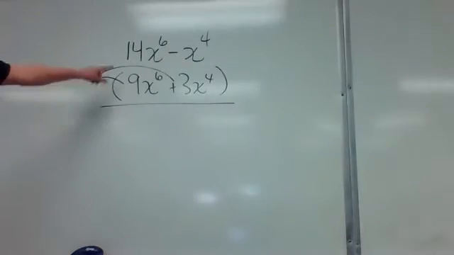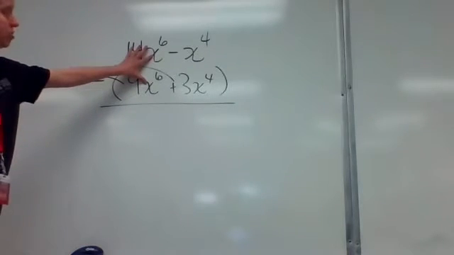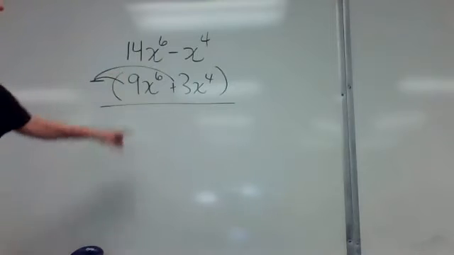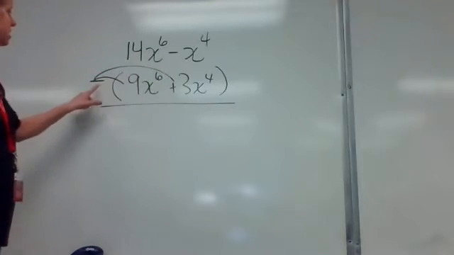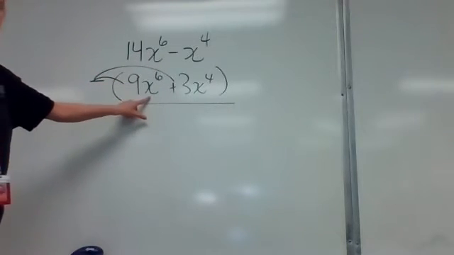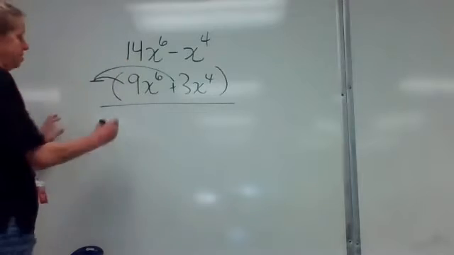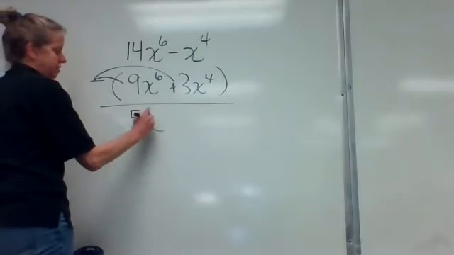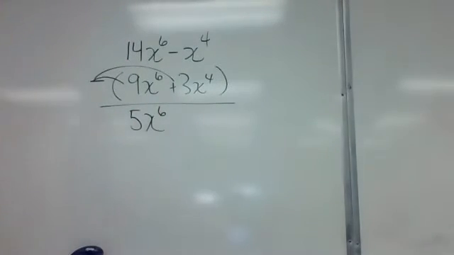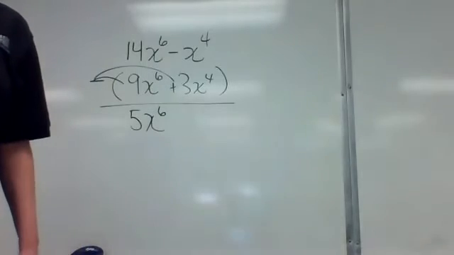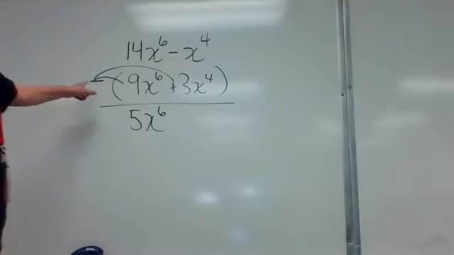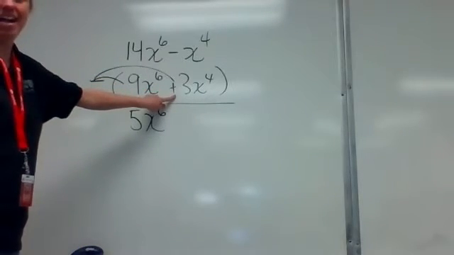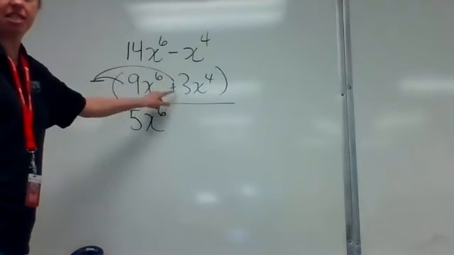So let's see, that makes this 4, and these are like terms, right? They're both x to the 6's, which means I can subtract those. So I've got 14x to the 6's minus 9x to the 6's, which leaves you with 5x to the 6's. It also turns this into a minus, right? It changes this sign.